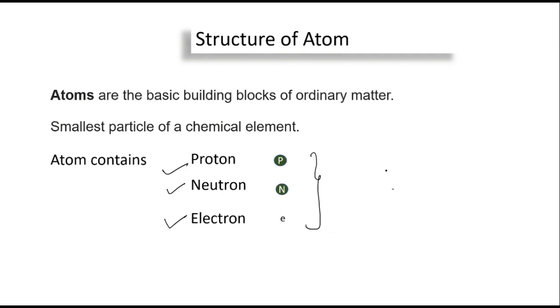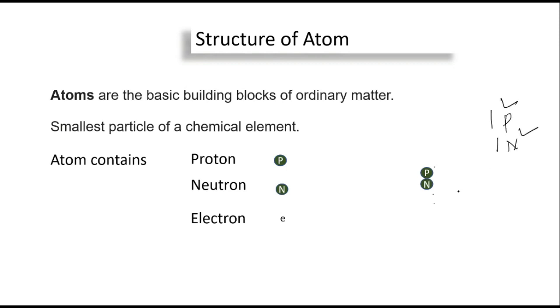And how are they arranged inside the atom? Inside the atom, we'll have proton and neutron together, just like this. Now one proton and one neutron are together here. It need not be always one proton or one neutron.